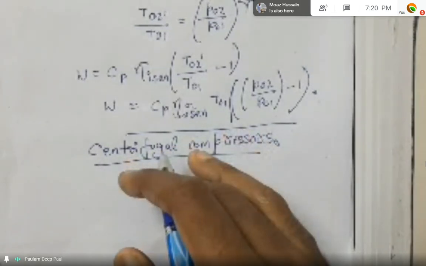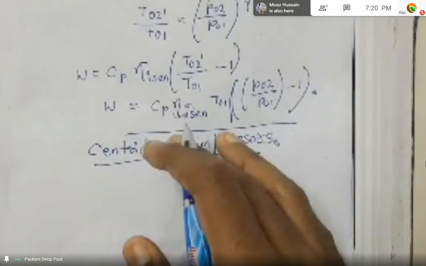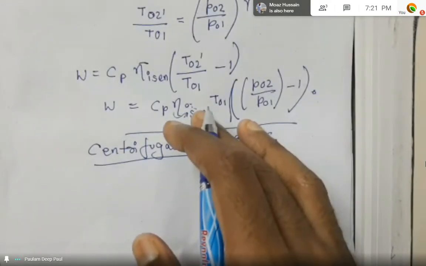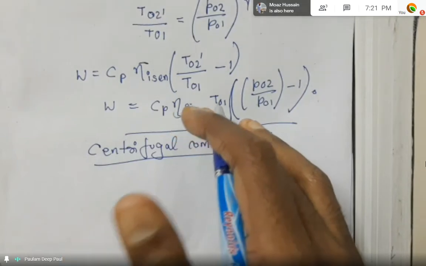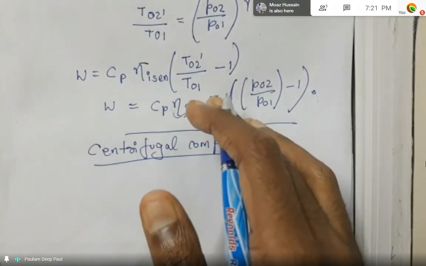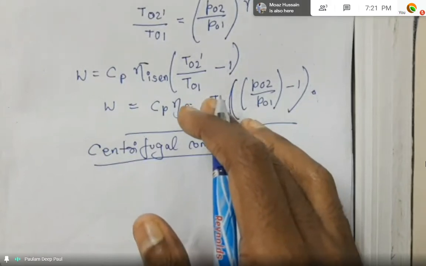For a centrifugal compressor, we can have an adiabatic process or an isentropic process, along with the isentropic efficiency and everything. We still have the same things.